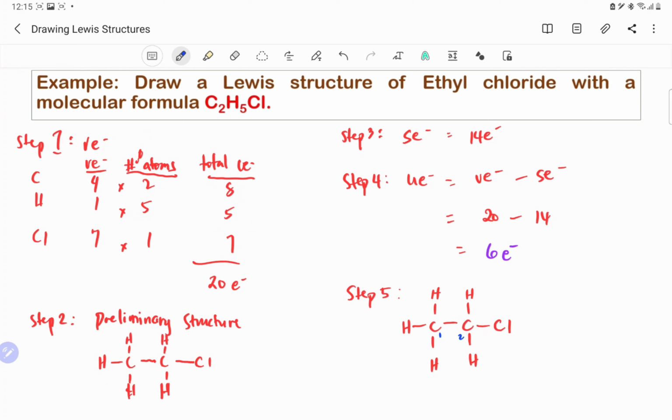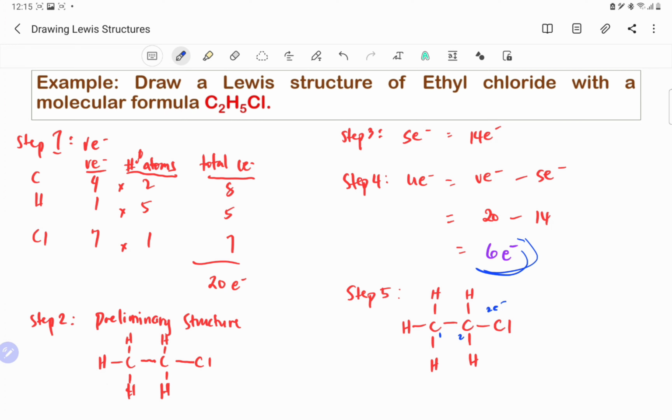So carbon 1 is complete, of course, all hydrogens have a complete duet, and carbon 1 has a complete octet, 2, 4, 6, 8, as well as carbon 2, 2, 4, 6, 8. But chlorine only has 2 electrons. So it needs 6 electrons more, and we can get it from the 6 electrons in violet in step 4.